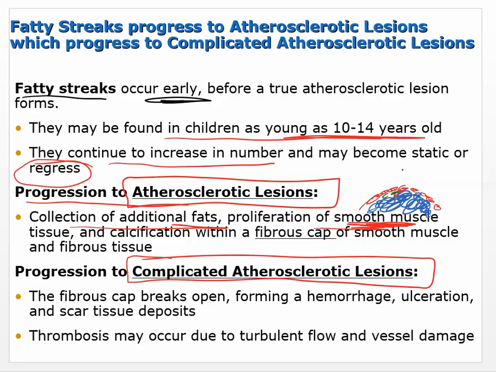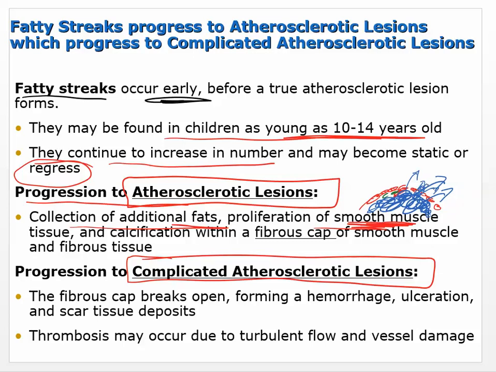Some kind of trauma or something like that could cause it to break open. So the fibrous cap breaks open, forming a hemorrhage, so loss of blood and more damage to the tissue, and this could actually trigger some cell signaling.